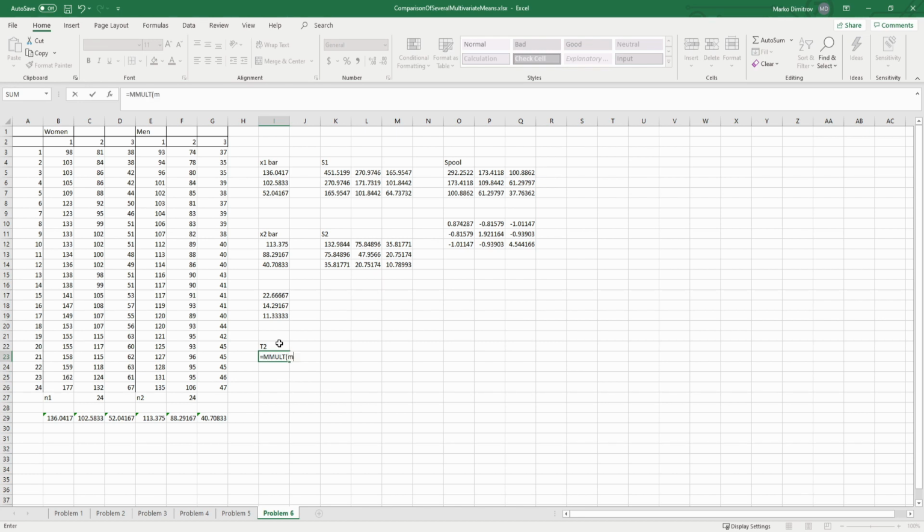What we have is a matrix multiplication of now transposed, then there is our inverse, and we have this.